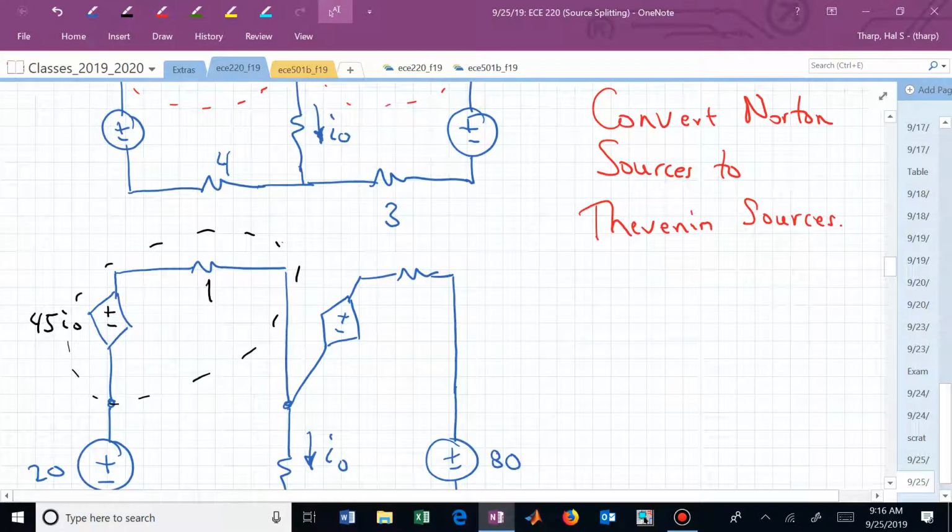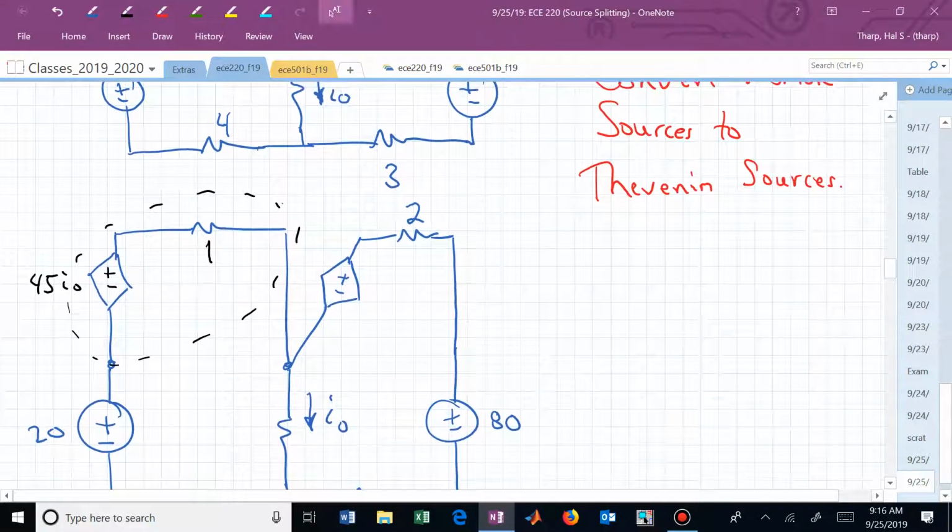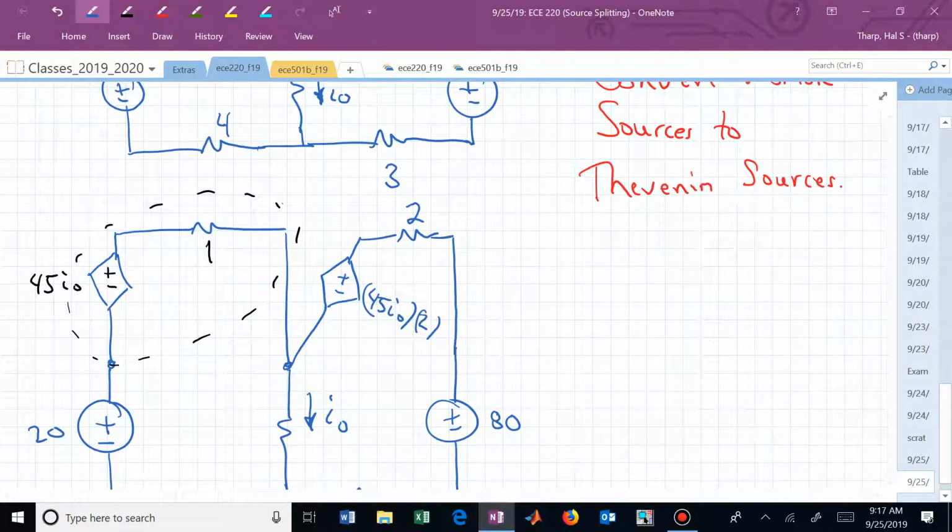It's 2. And what's the value of the dependent source? Isn't it IR? So that's now 45 I sub 0 times 2, or that's now 90 I sub 0.